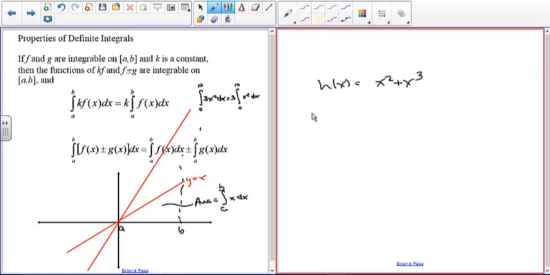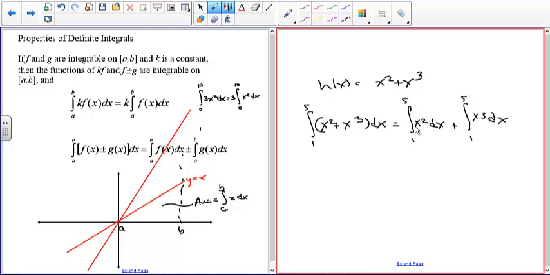So what you could say is if you wanted to find the integral of x squared plus x cubed dx from 1 to 5, that's the same as the integral from 1 to 5 of x squared dx plus the integral from 1 to 5 of x cubed dx.